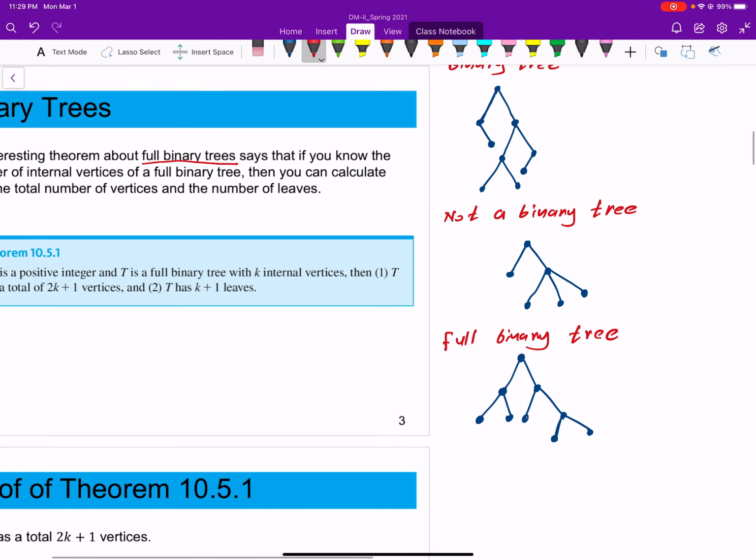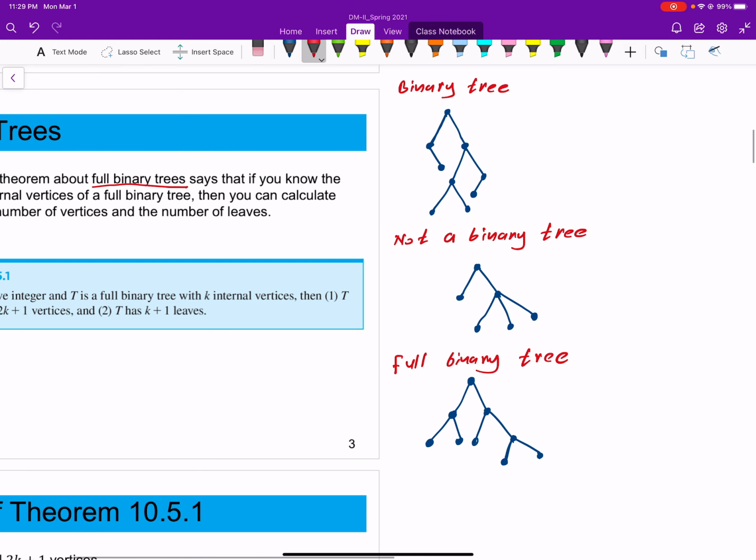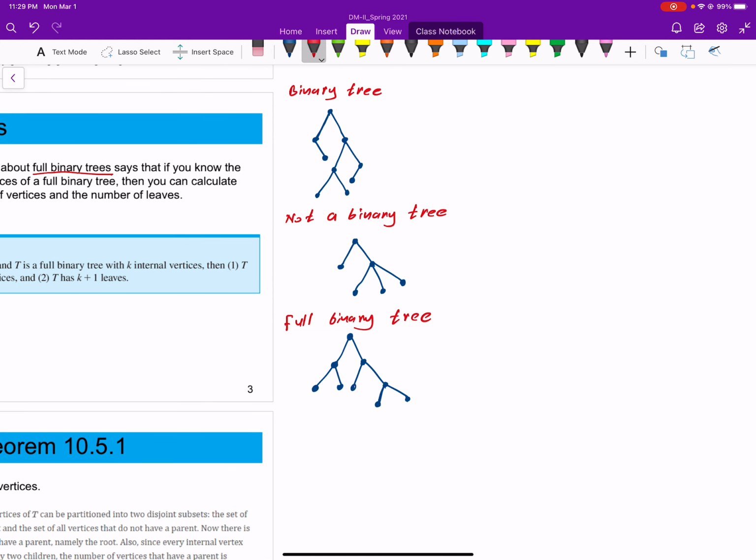Now you know about binary trees, full binary trees, and non-binary trees. So let me rearrange this a little bit.